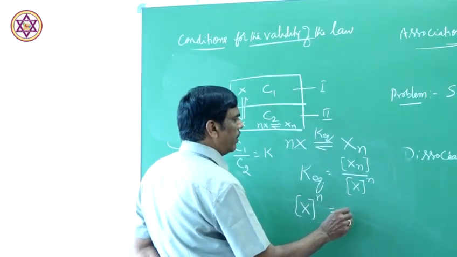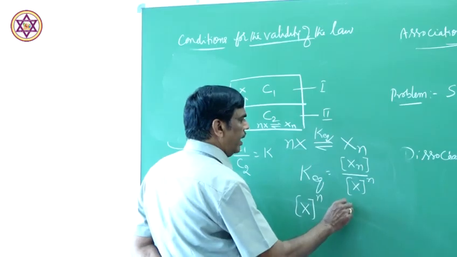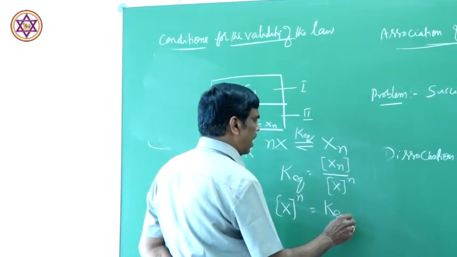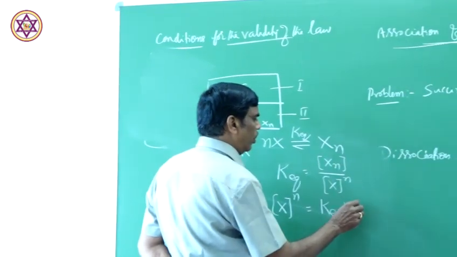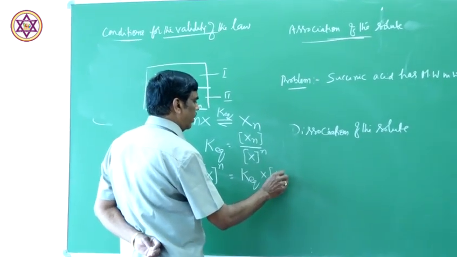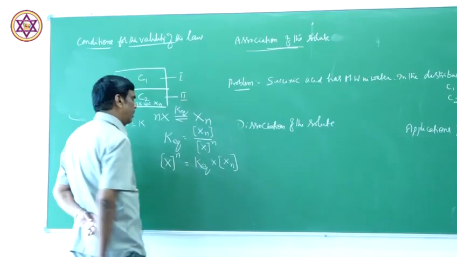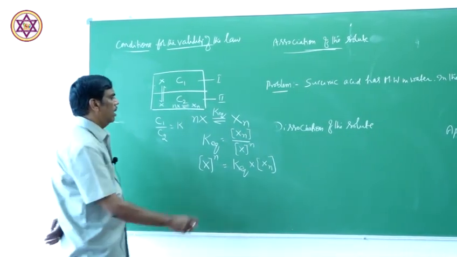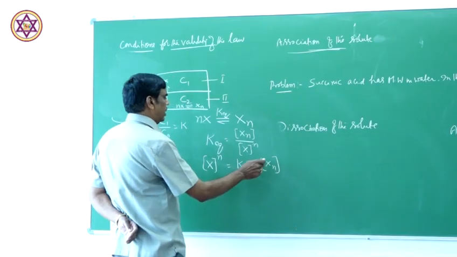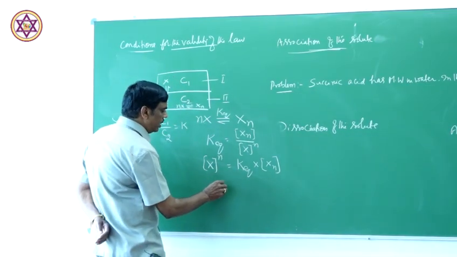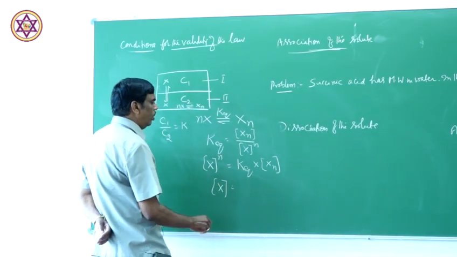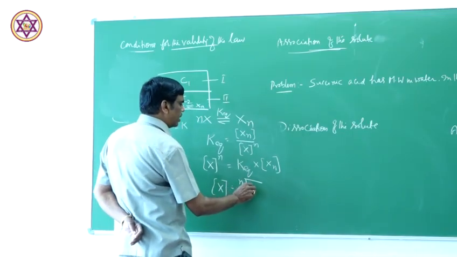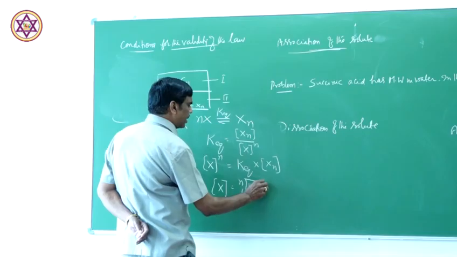Now, take X to the power n to this side, and it becomes K into the concentration of Xn. So, the concentration of X is equal to the nth root of this constant into the Xn concentration.